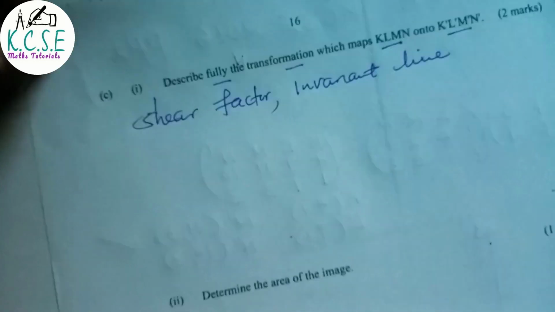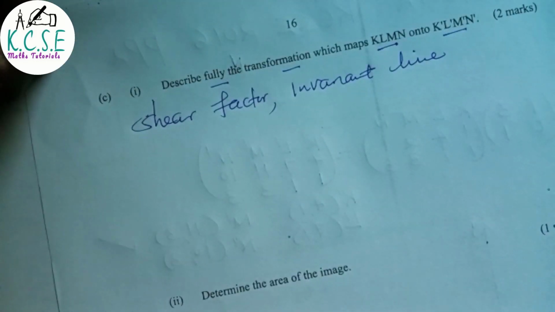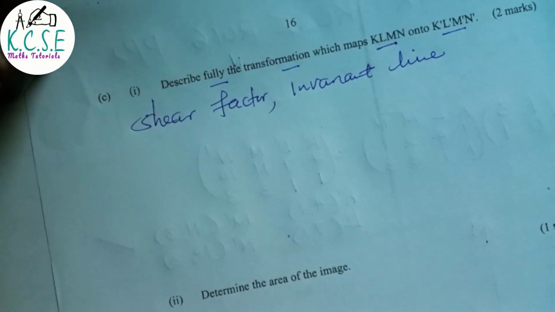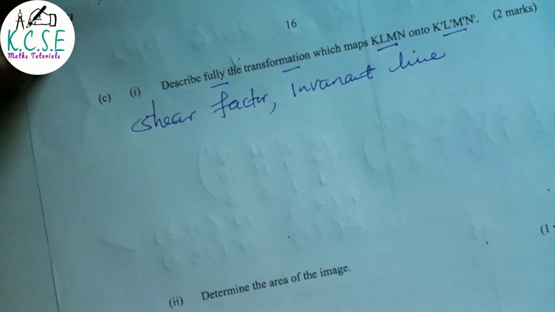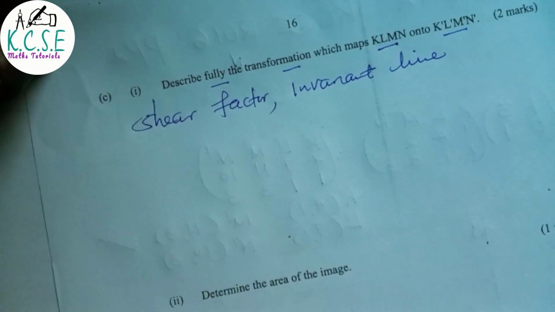You have to say the shear, then you give the invariant line. And when you're describing the invariant line, you say whether it's parallel to the x-axis or to the y-axis. So let us go to the first one.